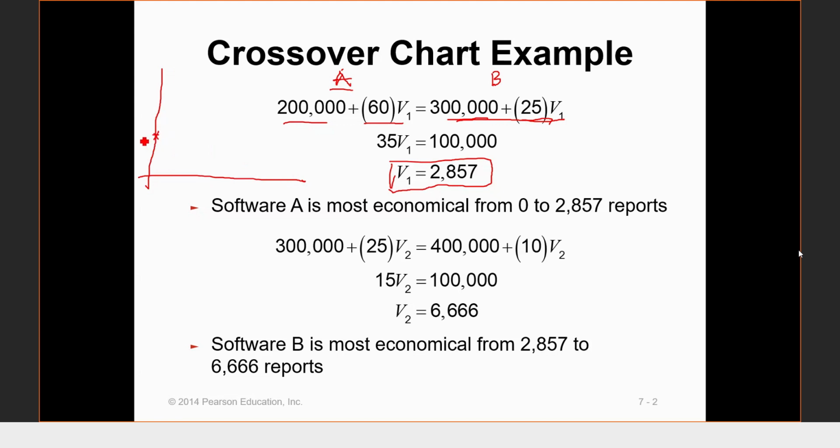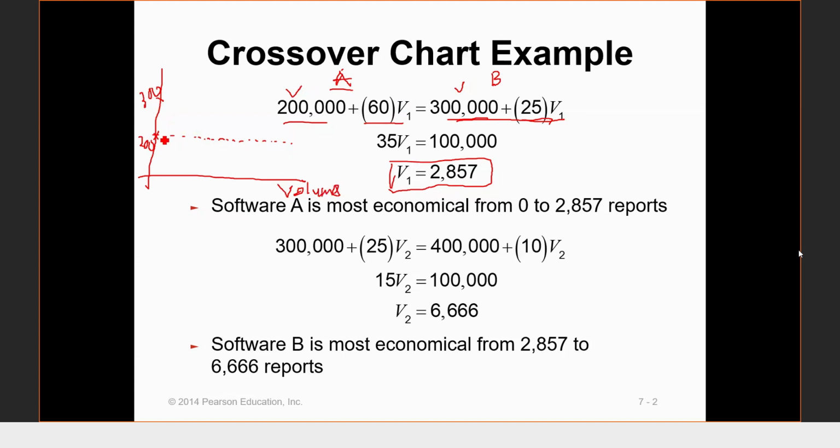Let's say this is 200, and let's say this point is 300. If I take this number and this number, and if you continue, it's just a fixed line. 60. So this is, let's say, V. V is volume or quantity. Sometimes we use Q, the volume.